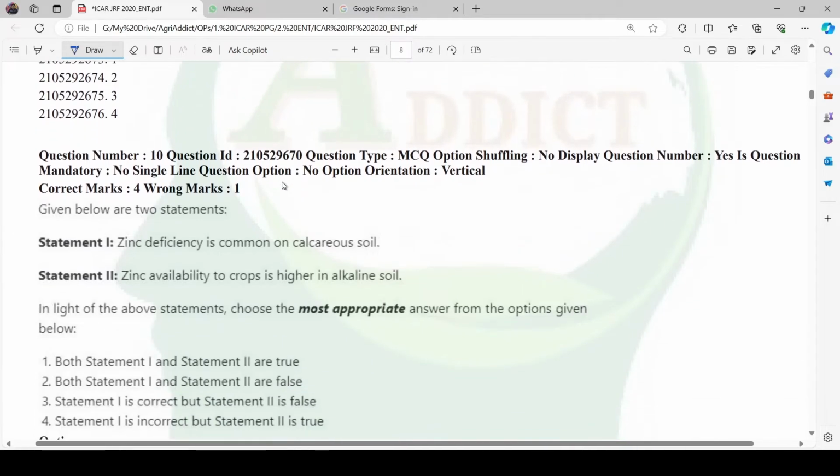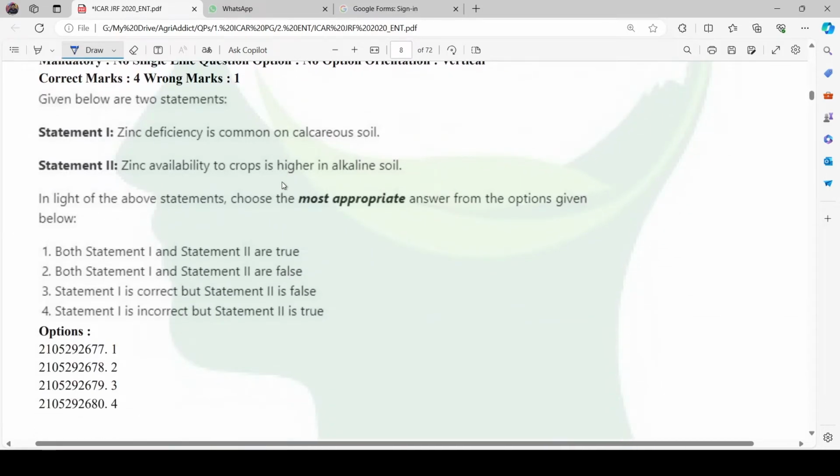states. Next question number 10, it is a statement type question. In statement 1, zinc deficiency is common in calcareous soil. Yes, it is correct. Then statement 2 is zinc availability to crops is higher in alkaline soil. If zinc deficiency is common in calcareous soil, then how will it be available in alkaline soil?